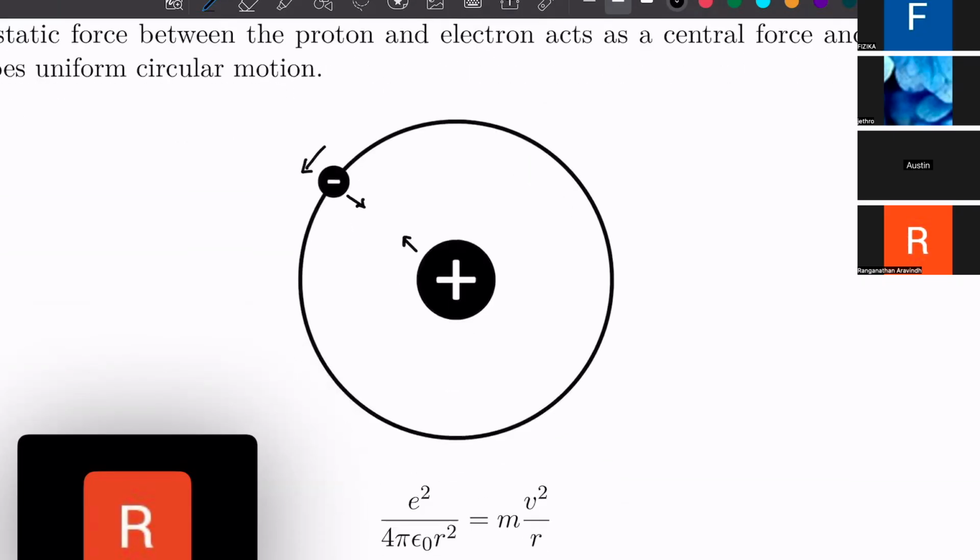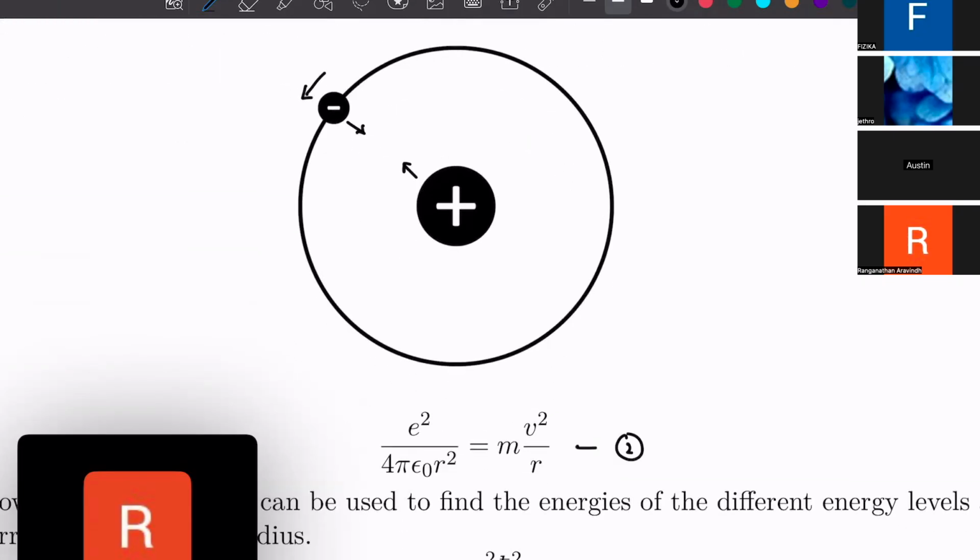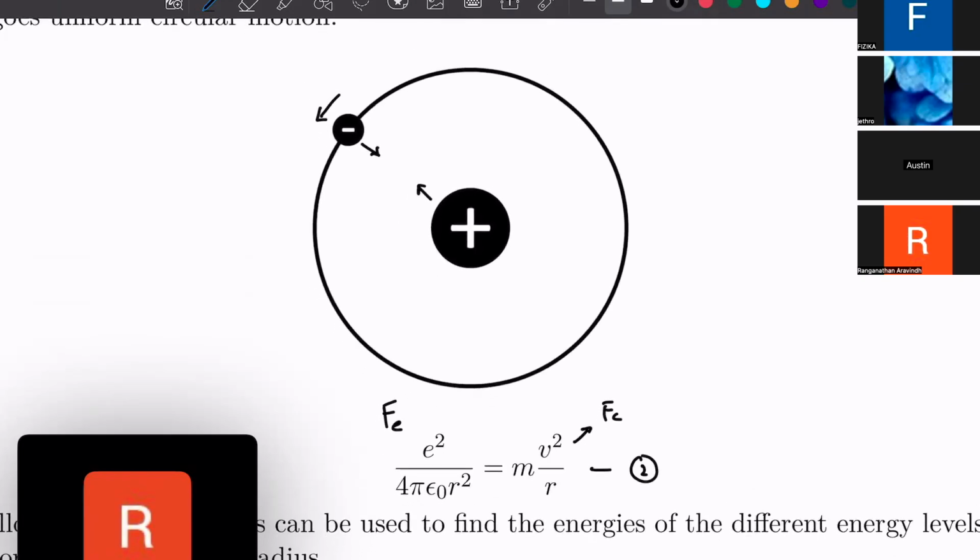So this is the second condition. This is your Coulomb's force, your electrostatic force Fe, and this is your centripetal force that's required. This should be numerically equal so that it will stay in uniform circular motion.